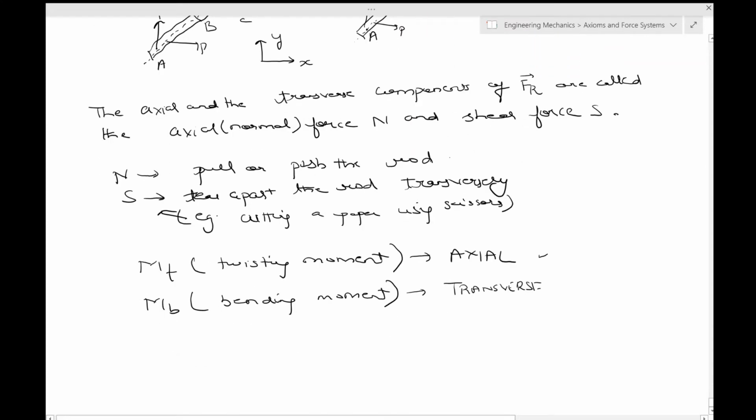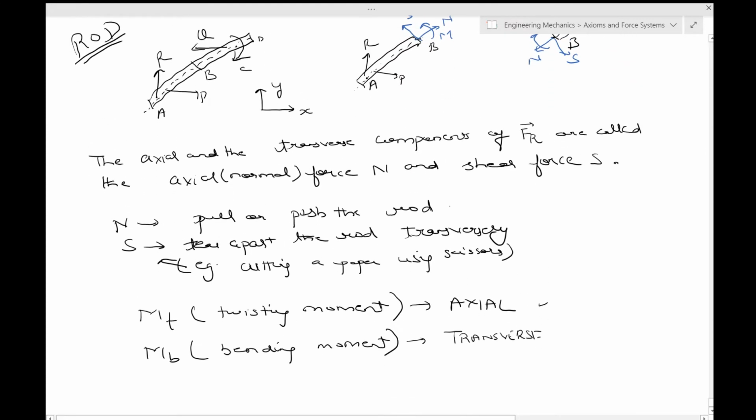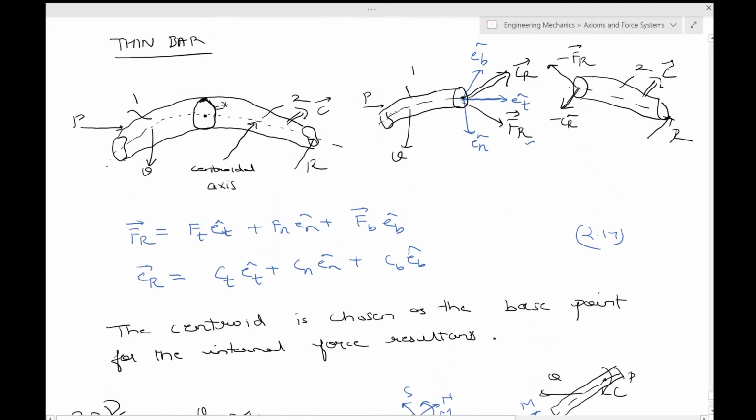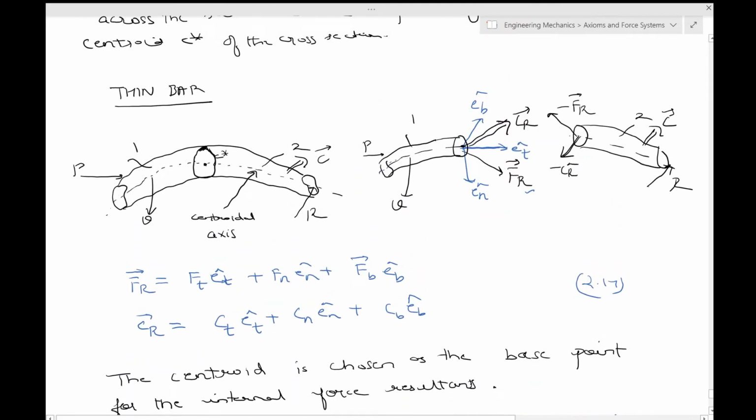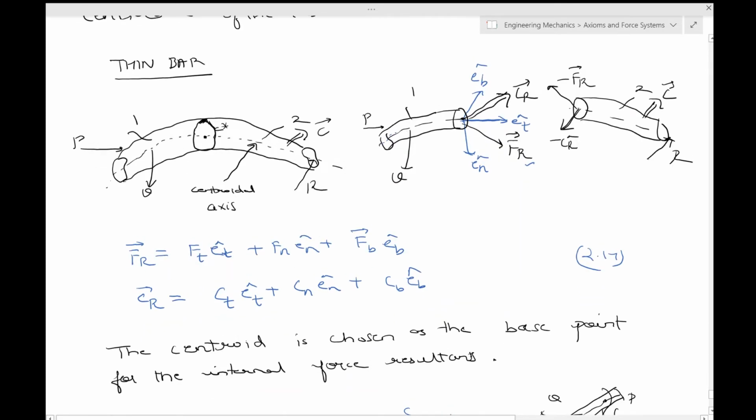So we can resolve them. So for example, N will be, so if you have seen the coordinate system, to find N, I must resolve FR along ET, okay. Similarly, to find MT, the twisting moment along the axis, essentially, will be resolving CR along T. So please don't get confused by this normal axis and the normal forces.